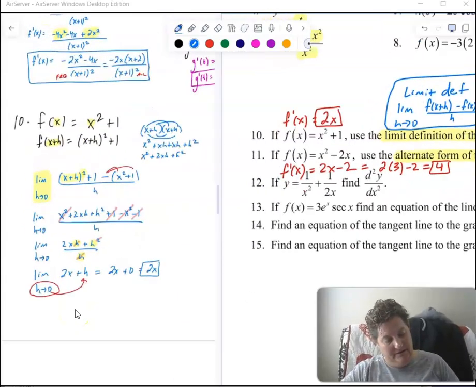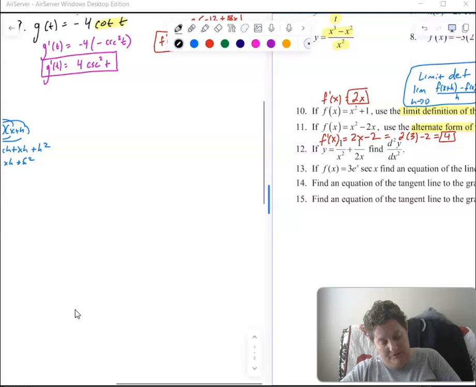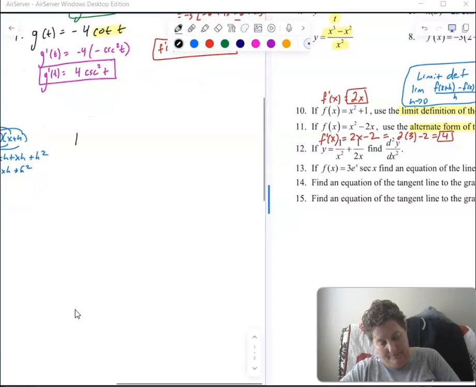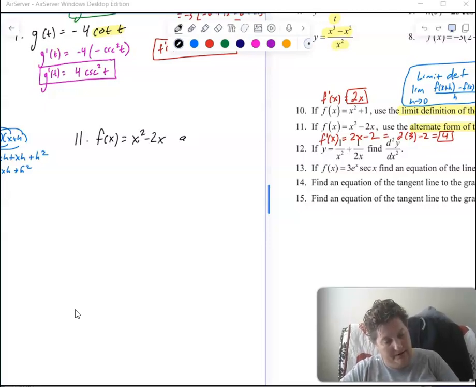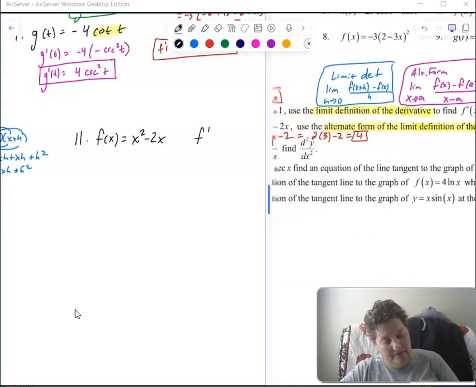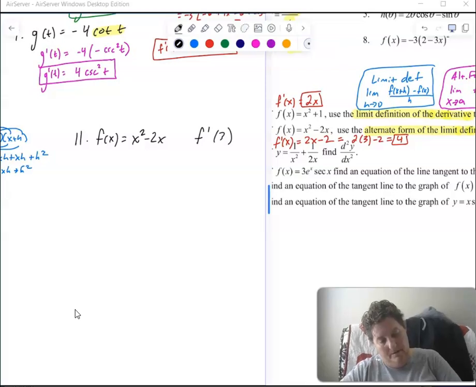All right, now let's look at the alternate. So for number 11, I'll just put, trying to find f prime of 3. So f of x is x squared minus 2x, and the other thing we need is f of 3, which is 3 squared minus 2 times 3, so you just plug the point in. 9 minus 6 is 3.